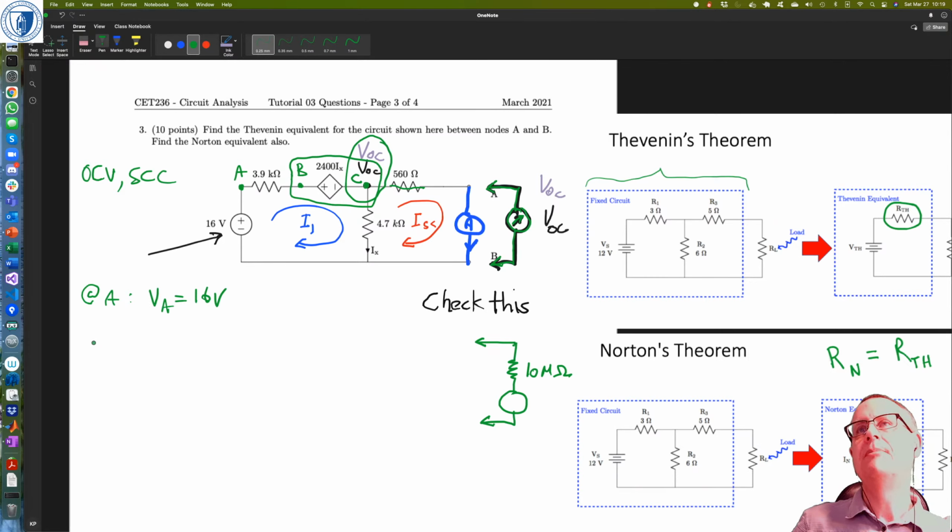But one thing we can say is the KVL at the supernode: VB minus VC equals 2400 IX.